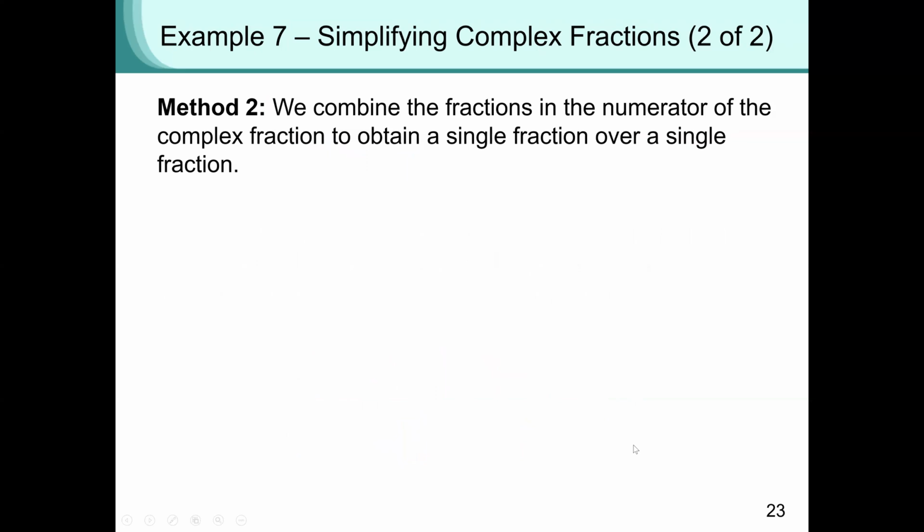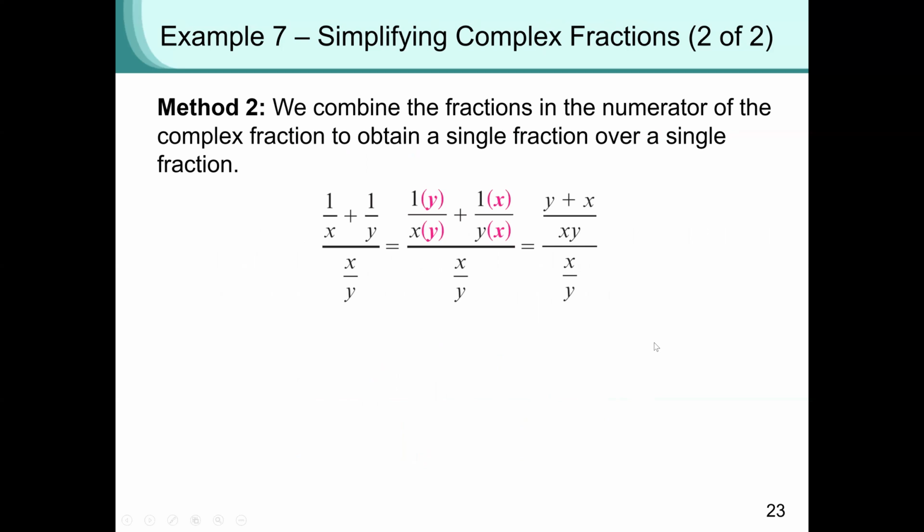So we can also use another method to simplify the complex fraction. For the same problem we have here, instead of finding the LCM and so on, we decided that we have xy, and the best way to combine is this.